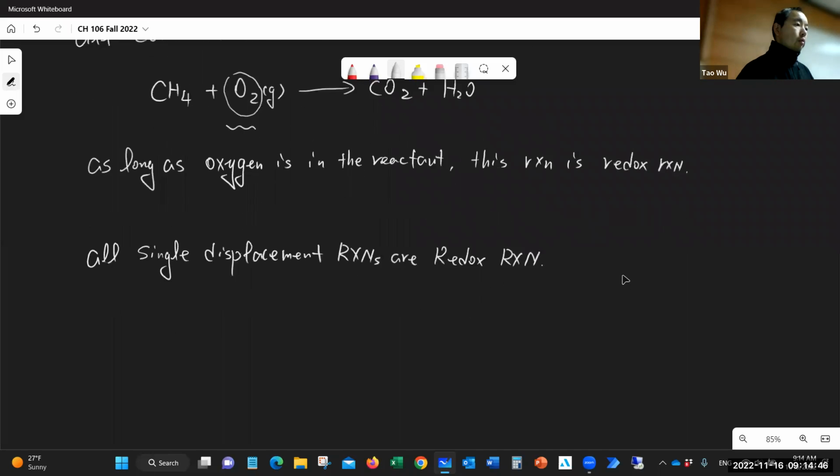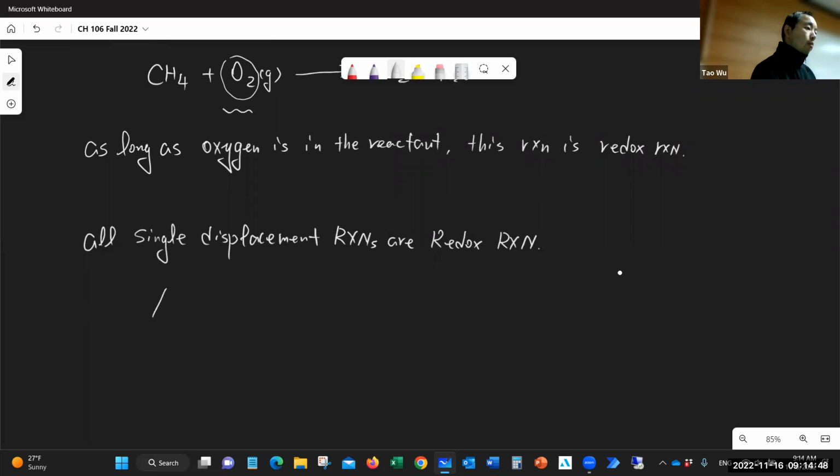So for example, A plus BC forms AC plus B, okay? So now we have an element plus a compound, and this is going to be an ionic compound.